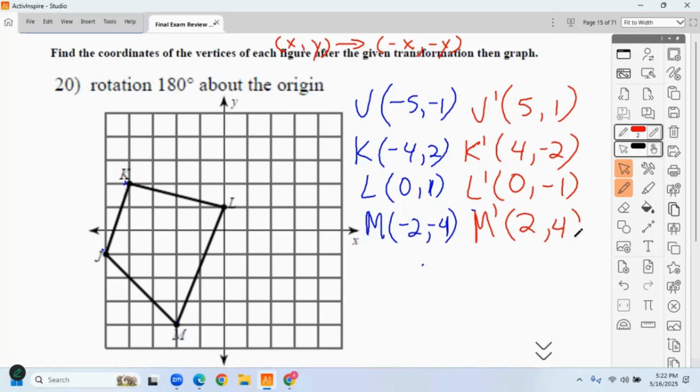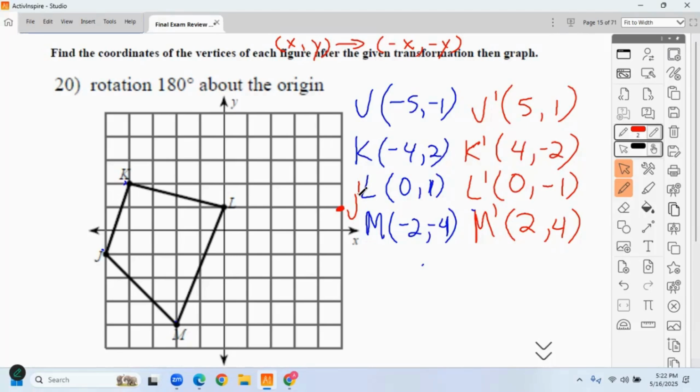Nice. So basically, let's go ahead and line this up, see what happens on this one. In this particular case, 5, 1. So we're going to go over 5 and up 1. So we're going to be right here, J prime. Okay. Now let's see what else we can do with this.